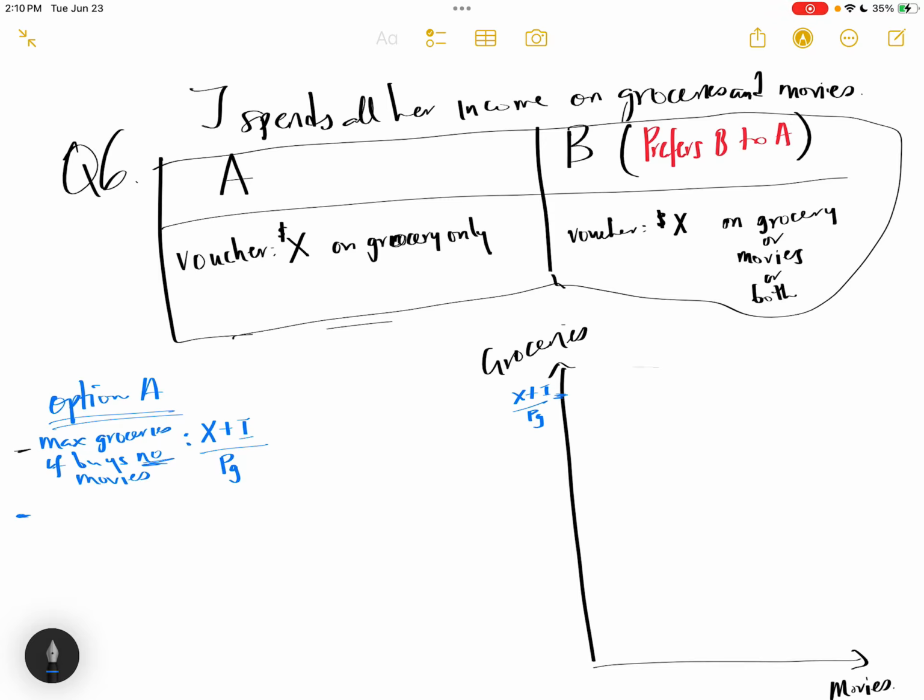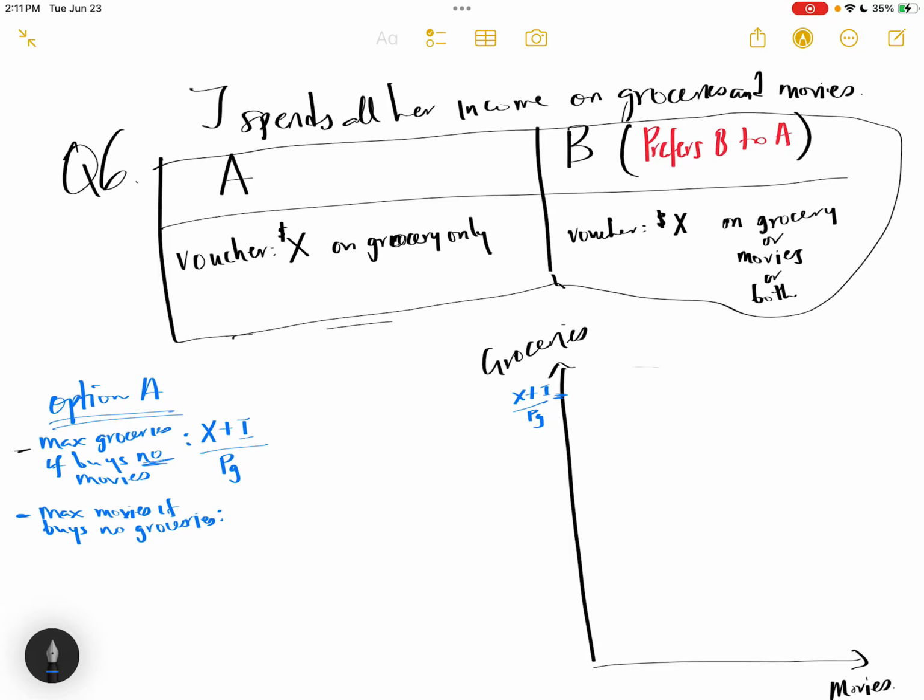And here's another thought process. What is the maximum number of movies that this consumer can buy if they bought no groceries? So maximum movies if she buys no groceries, spending everything on movies. Well, her voucher is supposed to only go to groceries, so we can't touch the voucher for movies.